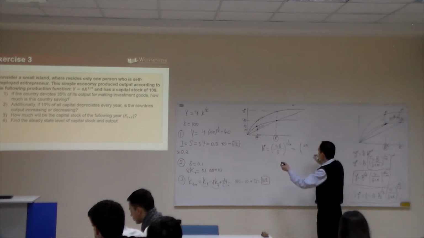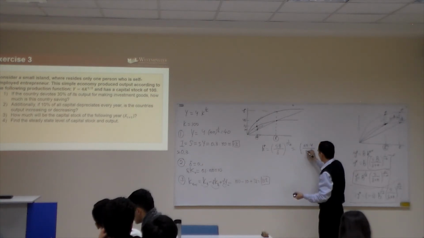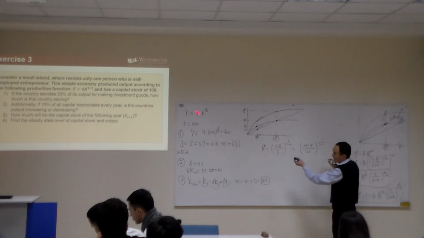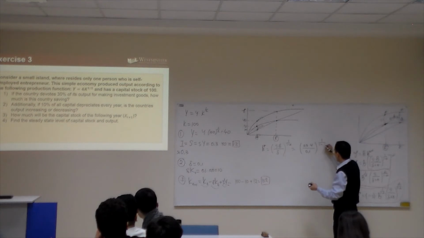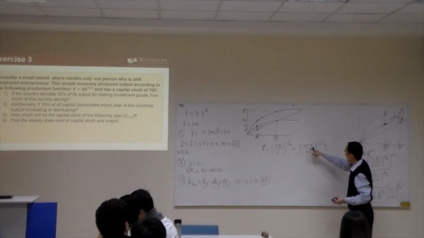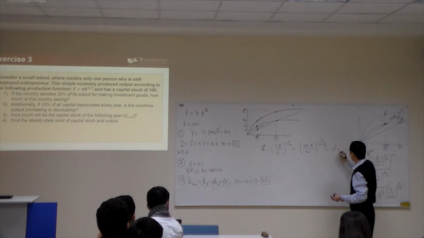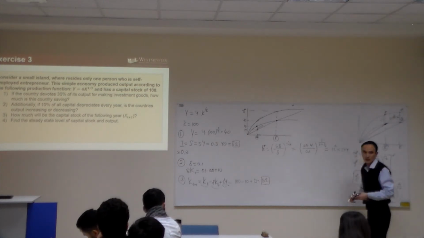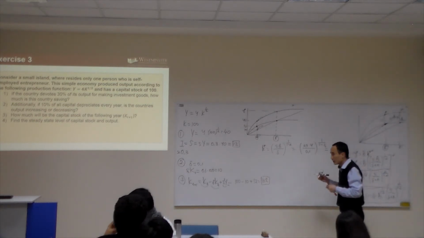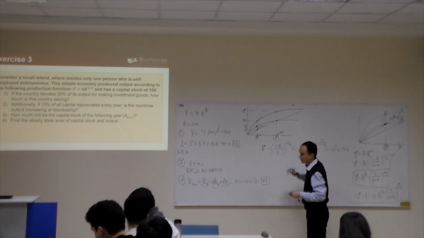Technology is given, 4. Depreciation rate is 10%, 0.1. In the power of 1 over 1 minus alpha, which is 1 over 1/2, so it will be 3 times 4 over... 12, and squared, 12 squared is going to be 144. Which means that Robinson Crusoe's economy will reach steady state level when capital is equal to 144. Okay?